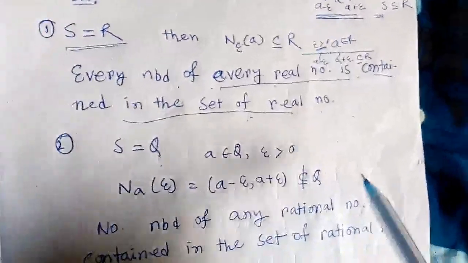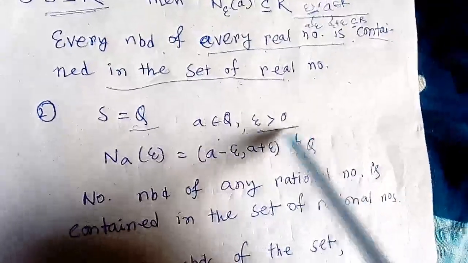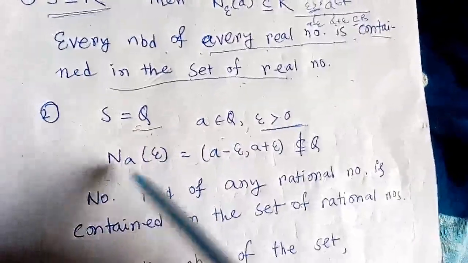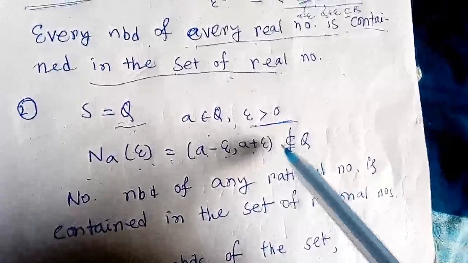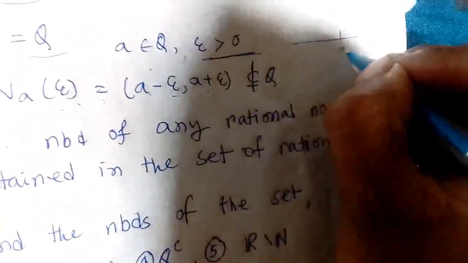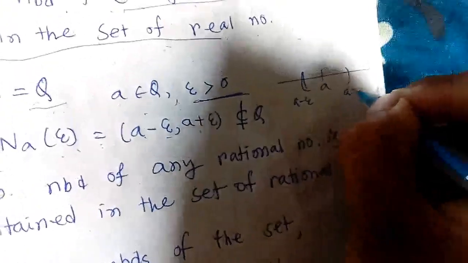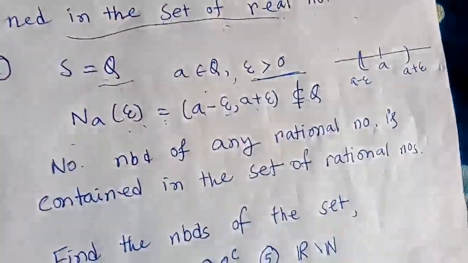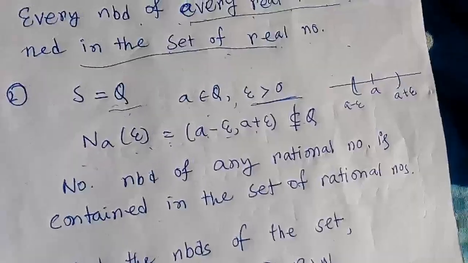Now, if we consider S equal to Q, the rational numbers, with A belonging to Q and epsilon greater than 0, then N epsilon of A, which is A minus epsilon to A plus epsilon, is not a subset of Q, as in this interval you find many irrational numbers as well as many rational numbers.